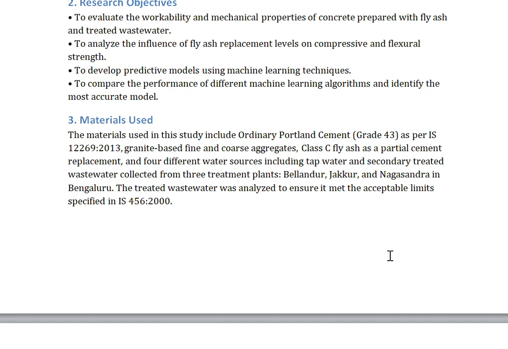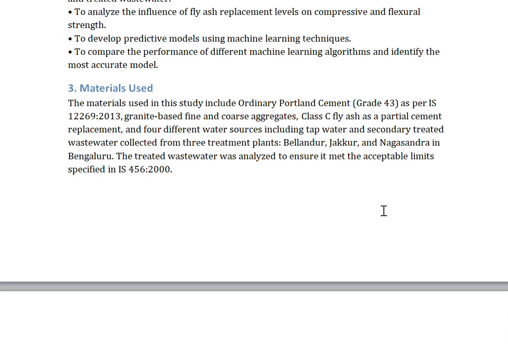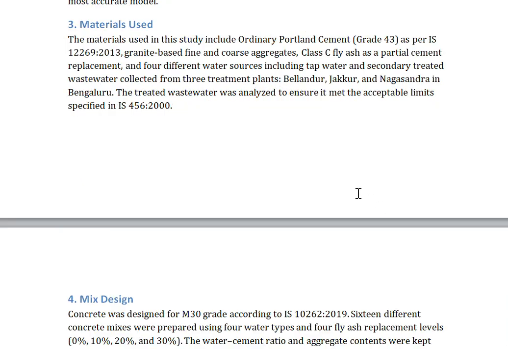The treated wastewater was analyzed to ensure it met the acceptable limits specified in IS 456 2000.